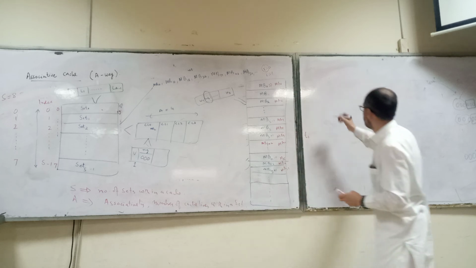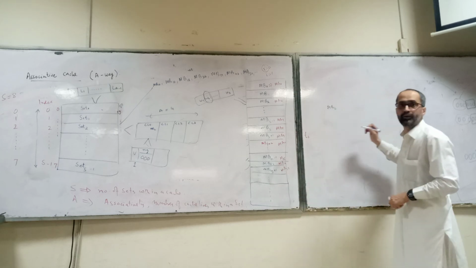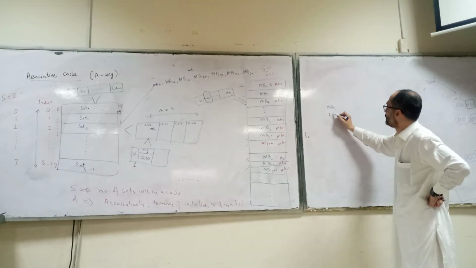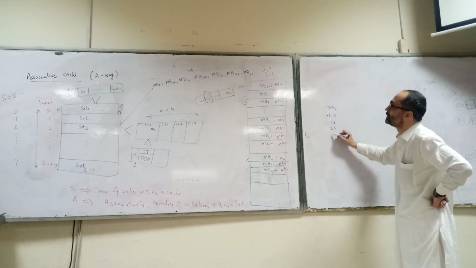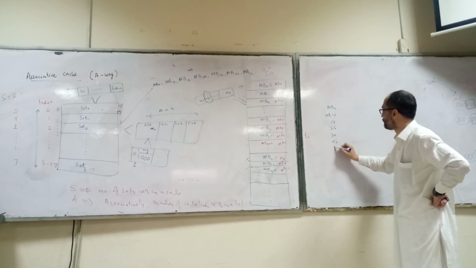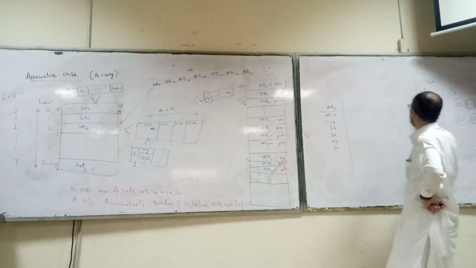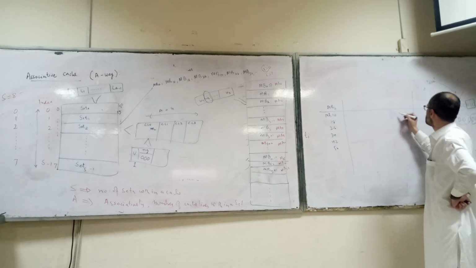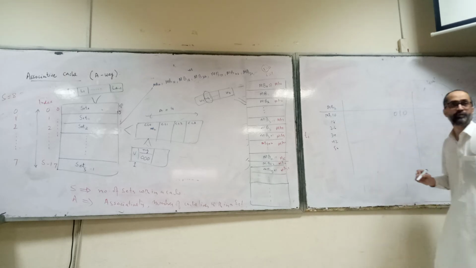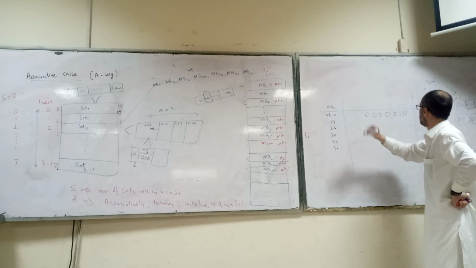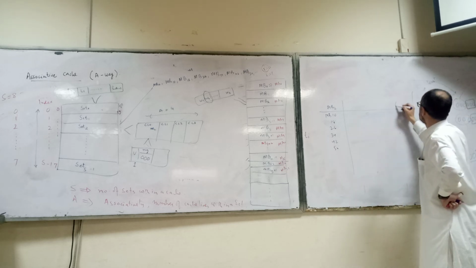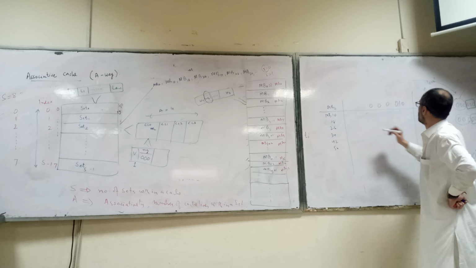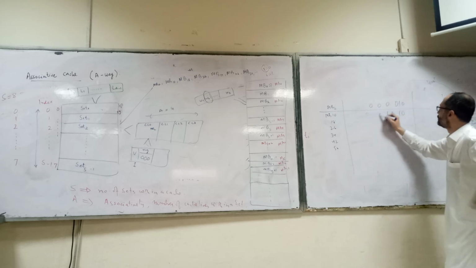For set 2, memory block 2 is mapped, main memory block 10 is mapped, then 18, 26, 34, 42, 50. The binary of 2 is 0, 1, 0. And what is the binary of 10? The binary of 10 is 1, 0, 1, 0.